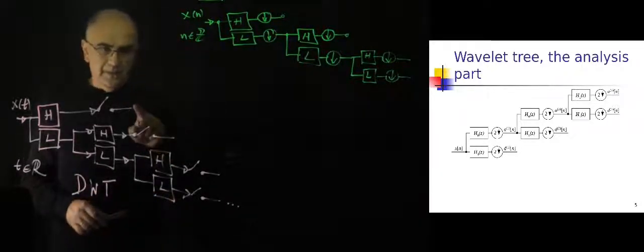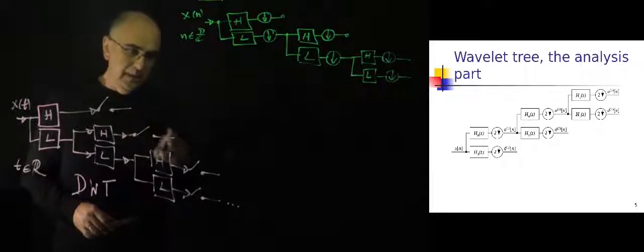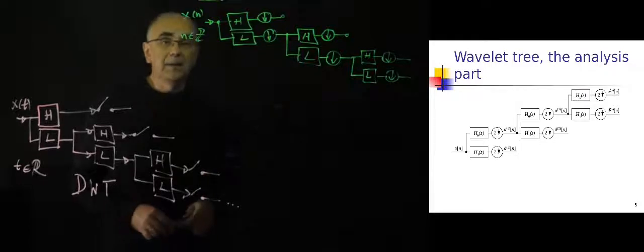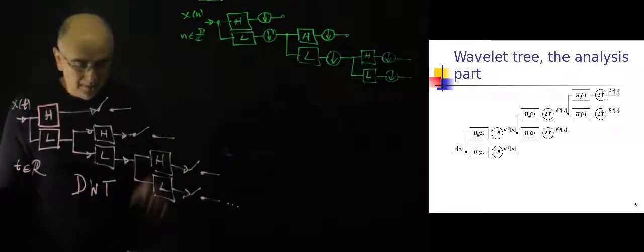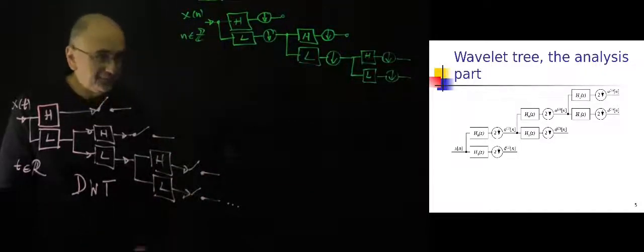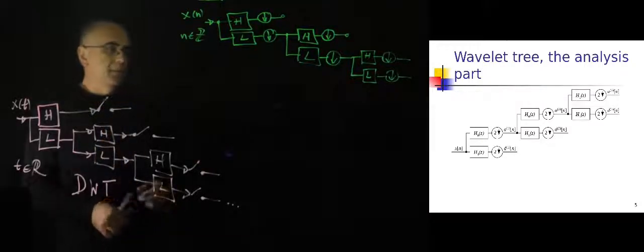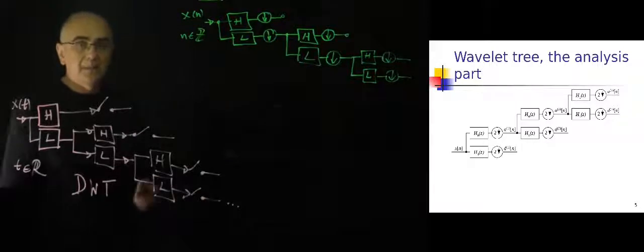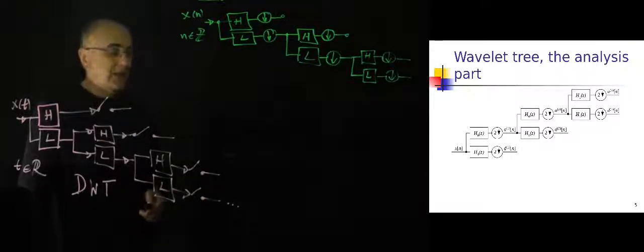Here the sampling rate was double than here, which was double than here, and the same thing applies in our discrete case. Still, we have some missing link between the two. So let's develop it, and it's gonna take some time.